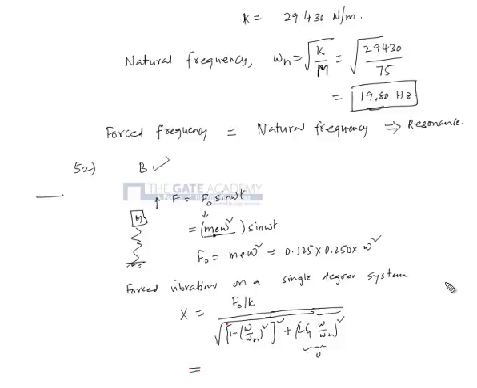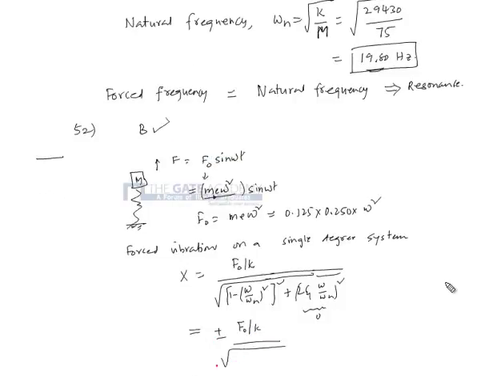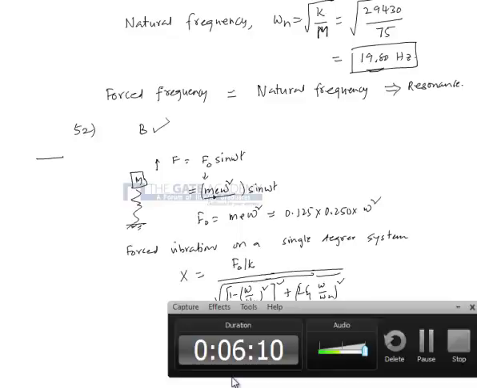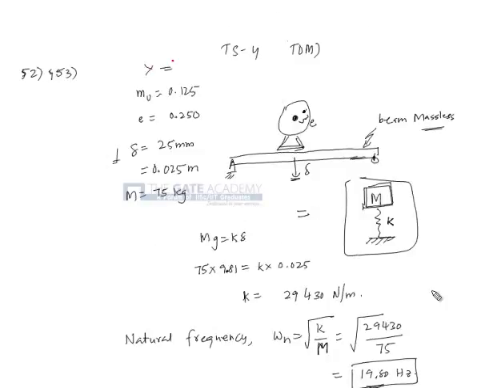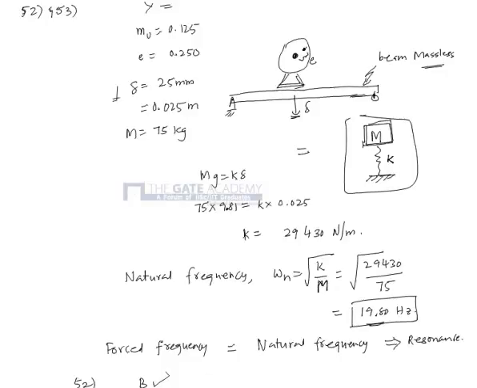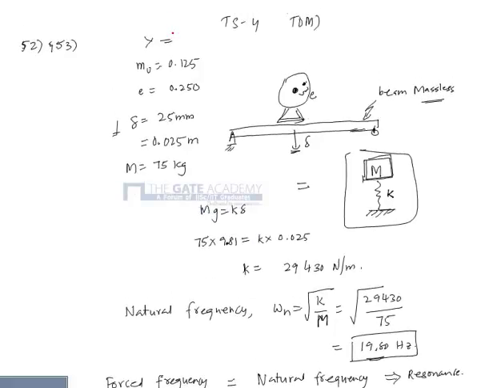Because this root is there, I have plus or minus F0 by k over root of 1 minus omega by omega n whole square, and the root gets cancelled because there is a square. Now we'll try to simplify it further. So my amplitude becomes F0 by k over plus or minus 1 minus omega square by omega n square.